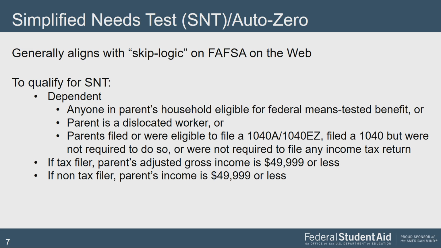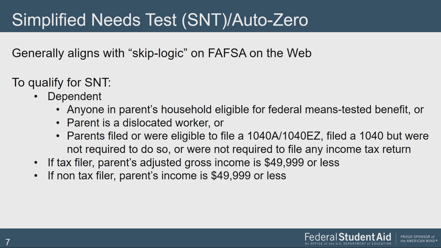We all know that. Or were not required to file any income tax return at all. So again, we're exploring how the elimination of the 1040A and 1040EZ affects the simplified needs test and the auto zero EFC. But like I said before, we're hoping to maintain the spirit of the simplified needs test and auto zero, and maintain eligibility for it with consideration for the elimination of those forms.